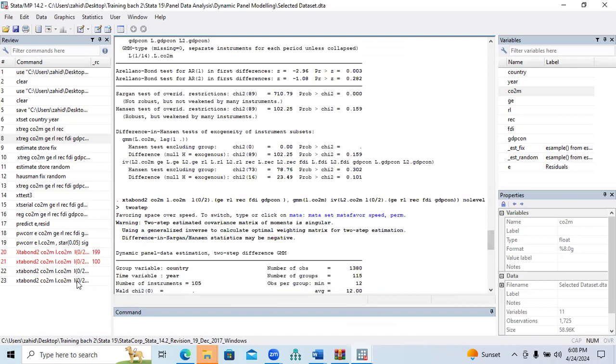You can simply click on it. What changes do I need to make? I need to write here GMM style. You simply need to add the word style here. The other things remain the same. And you need to write here something else I would like to show you.